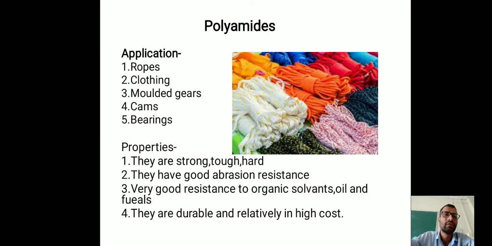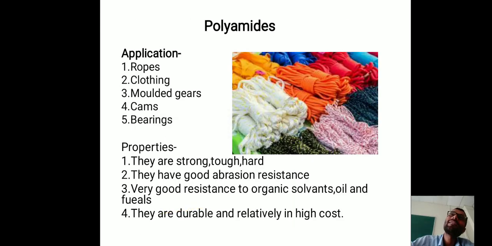They have good abrasion resistance. These materials have very good resistance to organic solvents, oil, fuels, and they are durable and relatively high in cost. Correct? So these are the different properties and applications of polyamides. The main application of polyamide material is ropes.